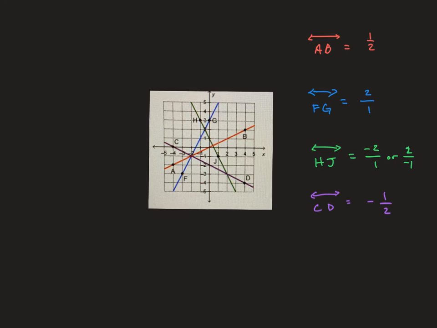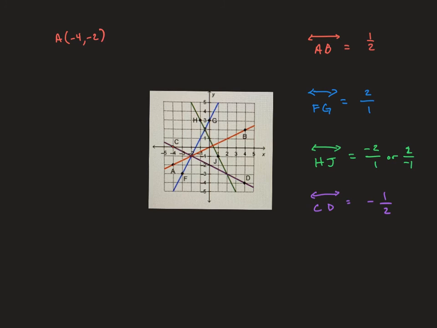However, if we weren't given a grid, we could have just used the slope formula. So if I just take line AB, or instead of talking about line AB, let's talk about point A. Point A on the ordered pair is going to be (-4, -2).